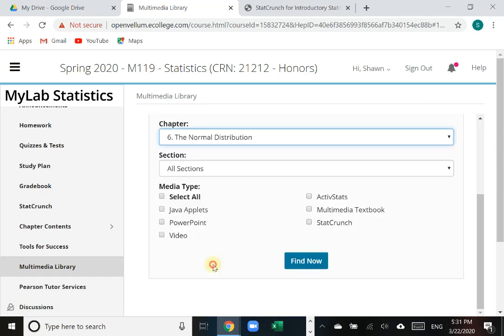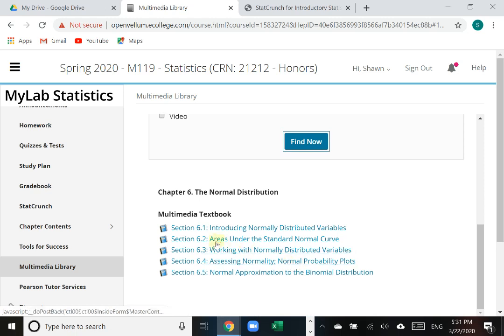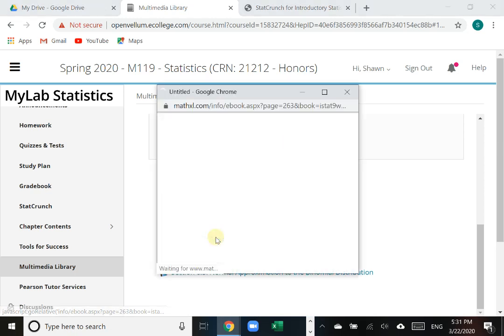So we're in chapter 6, multimedia textbooks, section 6.2, area under distribution. The exercise is on page 269, but before we do the exercise on page 269, let's go to page 266.